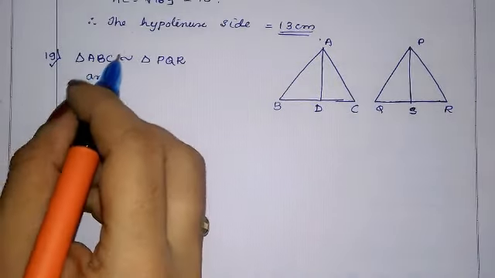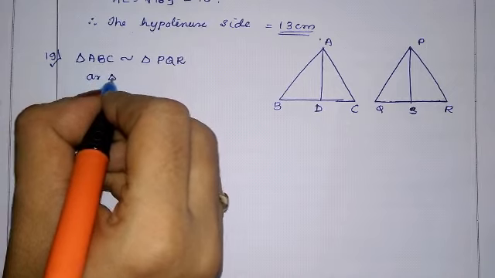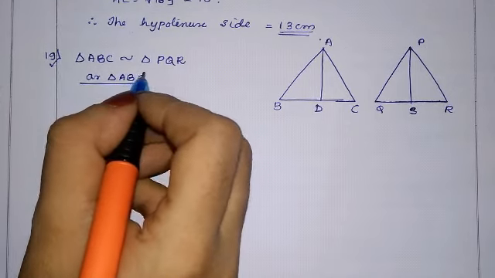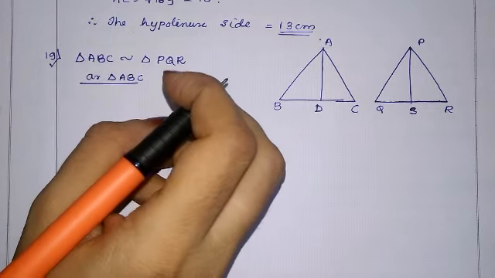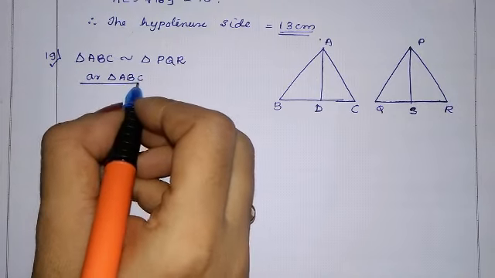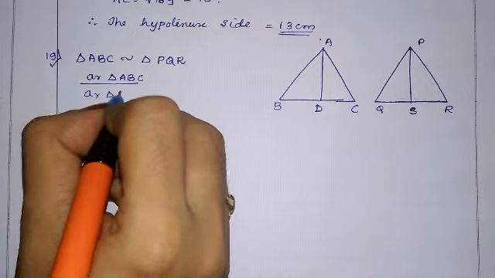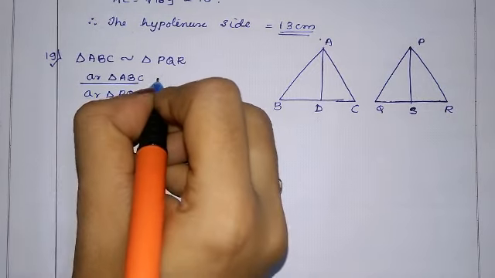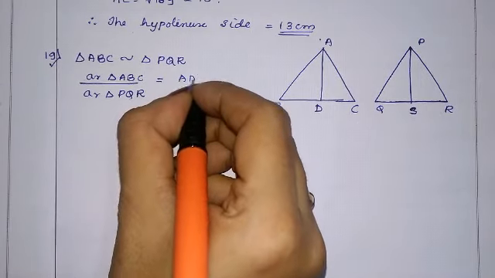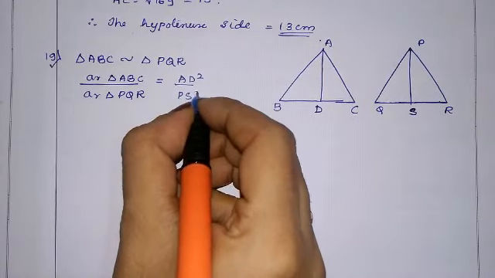We know that when the triangles are similar, the ratio of area of triangle ABC upon area of triangle PQR is equal to the ABC altitude AD square upon the PQR altitude PS square.